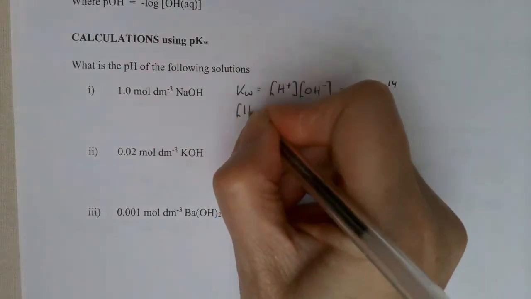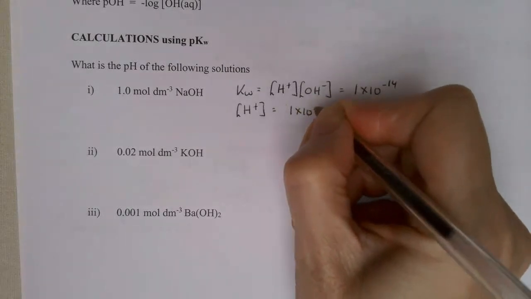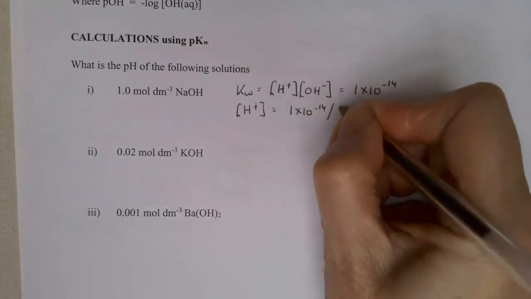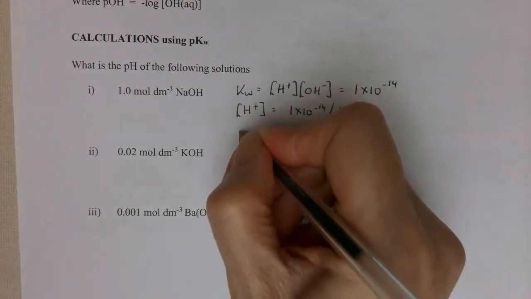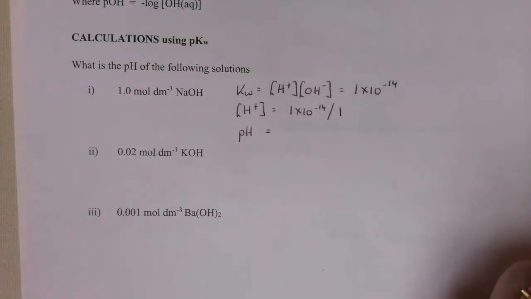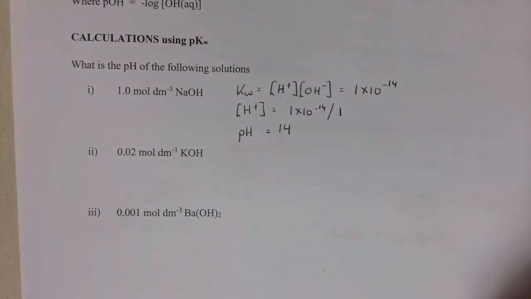So I can work out the concentration of the hydrogen ions equaling 1 times 10 to the minus 14 divided by 1, the concentration of the OH negative ions, and then pH is just minus log to the base 10 of that answer, which comes out as 14. So that's one way of doing it.